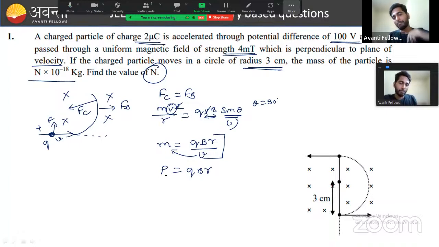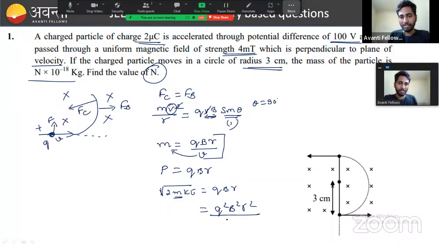Now momentum, if you write in terms of kinetic energy, can be written as under root of 2m times kinetic energy, which equals qBR. We want mass ultimately, so take the root to that side and square. If you square, it means q square B square R square divided by 2 times the kinetic energy. This is mass.